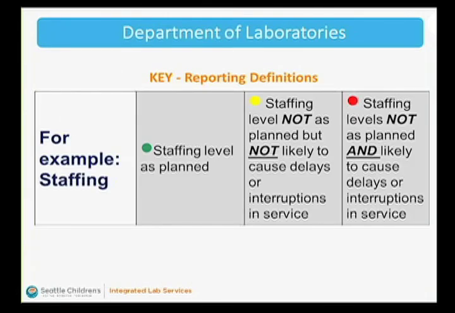Okay. So there's a lot of nuances in the green, yellow, red dots, and we kind of let that be a little fluid. So some people will report that they're yellow on a day because their staffing is down, and we've just decided that's okay.